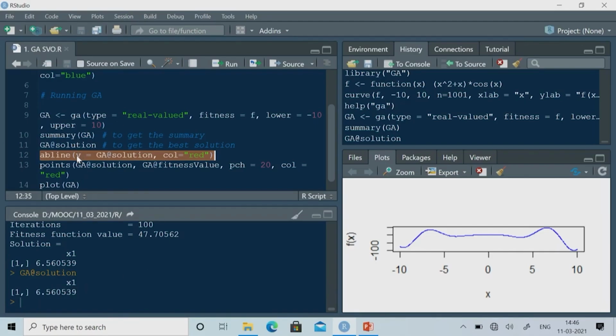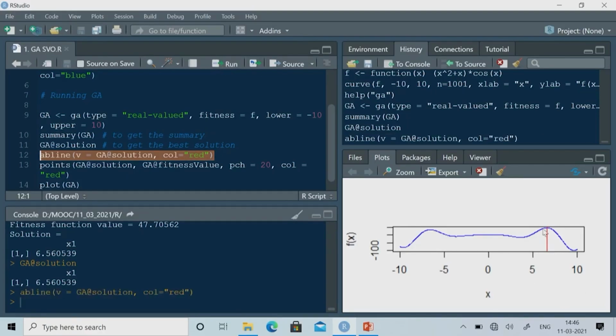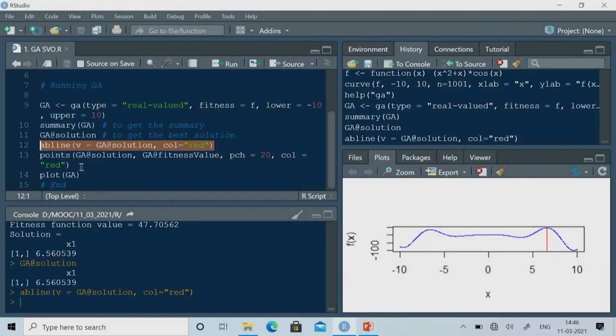I am defining this as the vertical line I would like to plot, and it is equal to ga solution. Color I would like to give red. If I execute this line, I get the line somewhere here, and that solution is 6.560539.